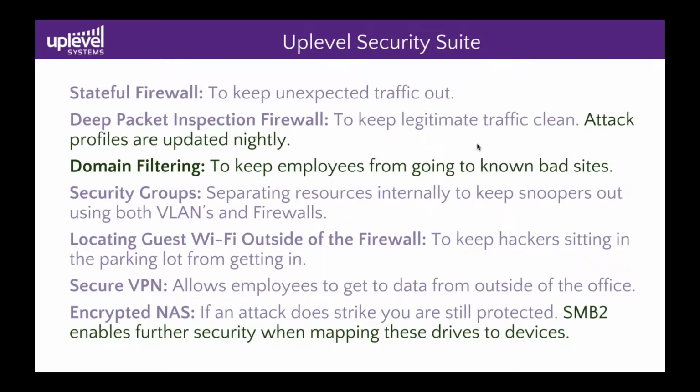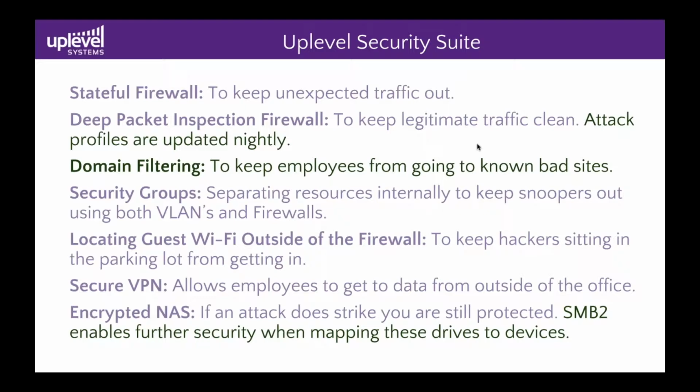This ensures that even requested data is clean and does not contain malicious content that users are accessing. These attack profiles will now, as of this update, be updated nightly with the new 2.2 release firmware, so make sure that every change and attack is accounted for on an ongoing basis.